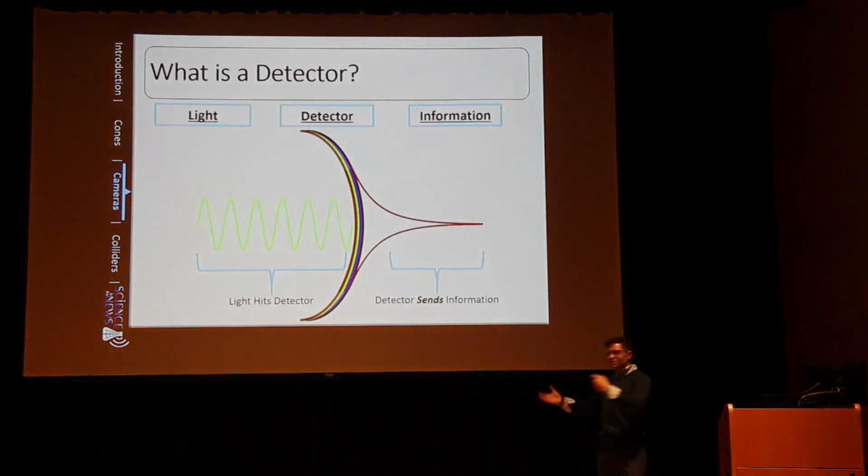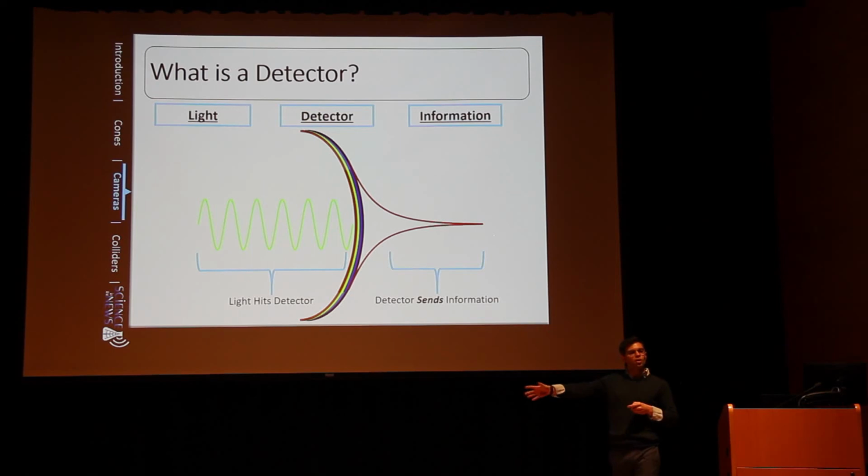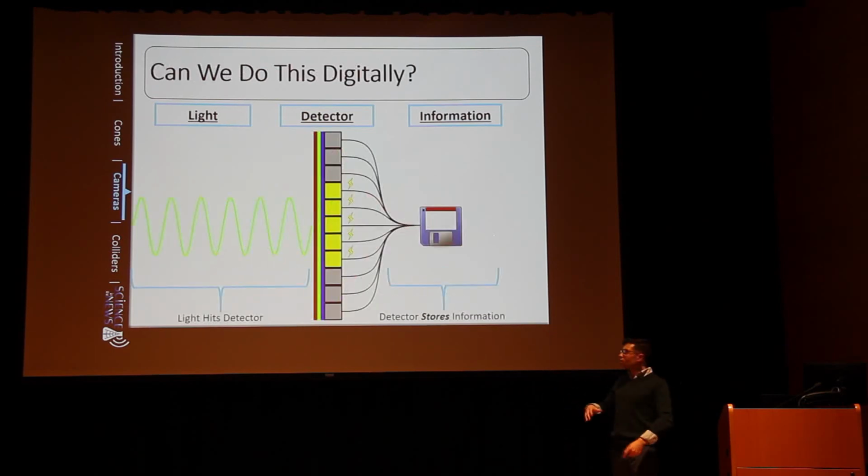So let's take a step back and think about what a detector is. Our eye is a great example: we have our detector as this thing that will interact with light. Light will hit our eye, and then our eye will send the information from light to our brain. We can look at our CCD as a really good artificial eye.